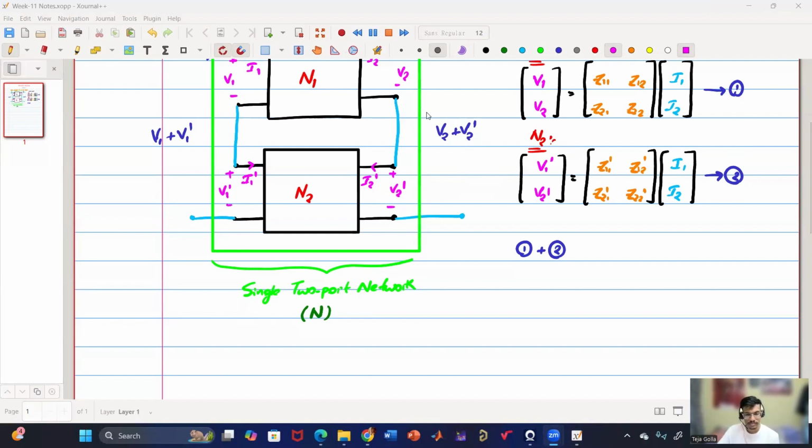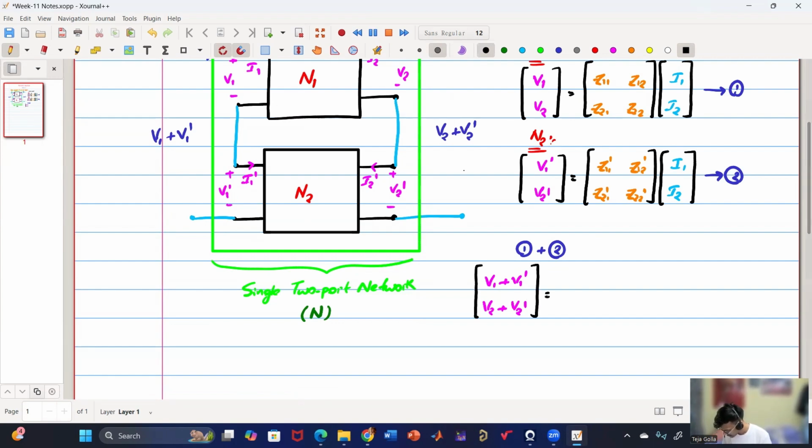V1 plus V1 dash and V2 plus V2 dash. Yes, very good. So we'll have V1 plus V1 dash here and V2 plus V2 dash here.